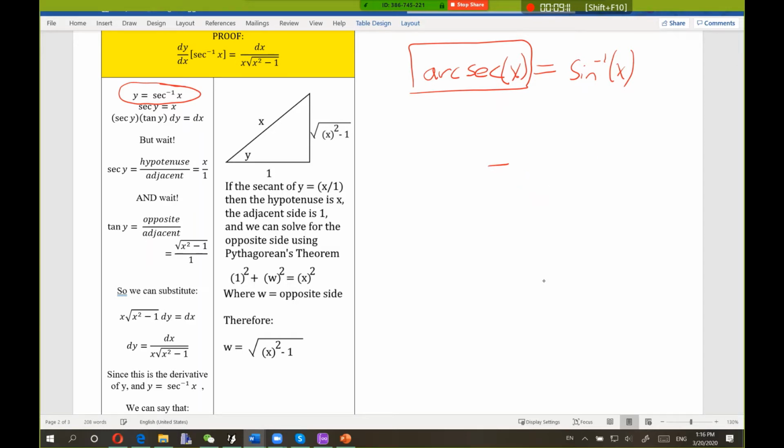This is kind of an exception to our normal power rule, where sine y of x would be the same thing as the sine of x raised to the y power. We've got an exception for negative 1 just because our notation for inverse sine already uses negative 1.